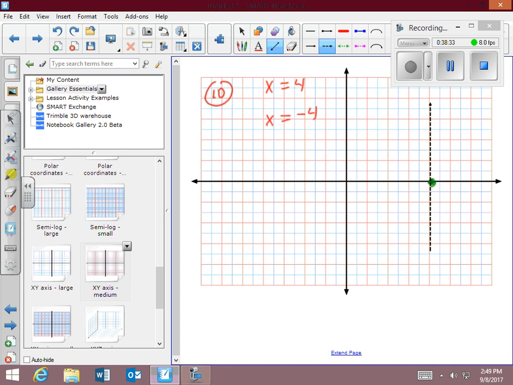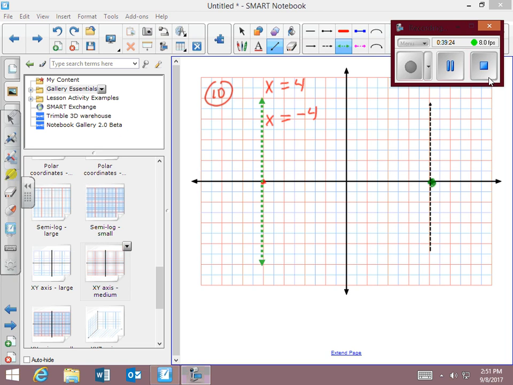And x equal minus 4, yeah, minus 4, and the line represented there would be, and the question is the line x equal 4 parallel to the line x equal minus 4? They're parallel, aren't they? Both are vertical. Their slopes are both undefined. Undefined slopes are vertical lines. So they're parallel. All right, so that's it.